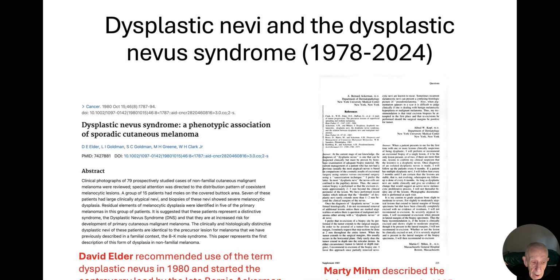And then I think we have to lay the blame for the term dysplastic nevus on David Elder, who recommended the use of this term in 1980. Although there was a lot of argument over the next decade or so, led I think by the late Bernie Ackerman, about the use of the term dysplastic, I never really could see the point of this argument.